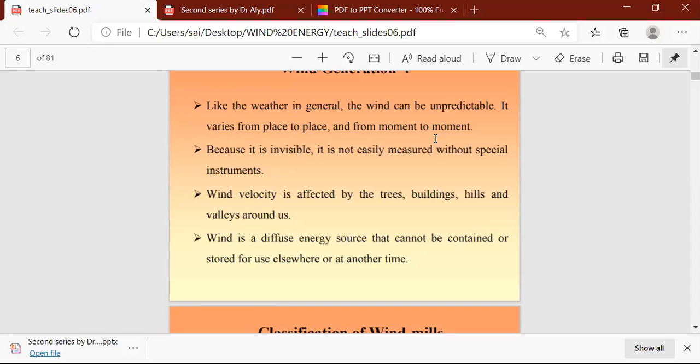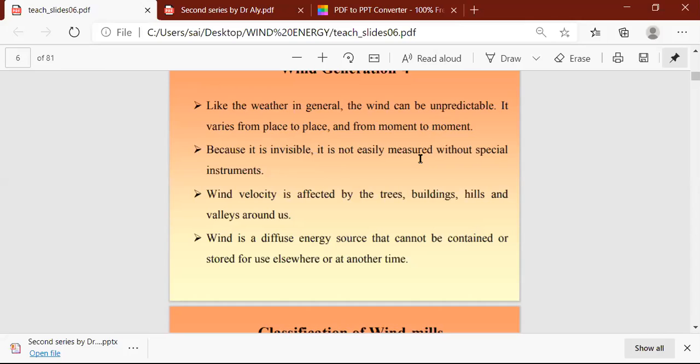Okay, so the energy we get from wind is not a continuous source of energy. There must be some slides and tracks during the production of electricity from wind energy, because it varies from place to place and moment to moment. Because it is invisible, it is not easily measured without special instruments.